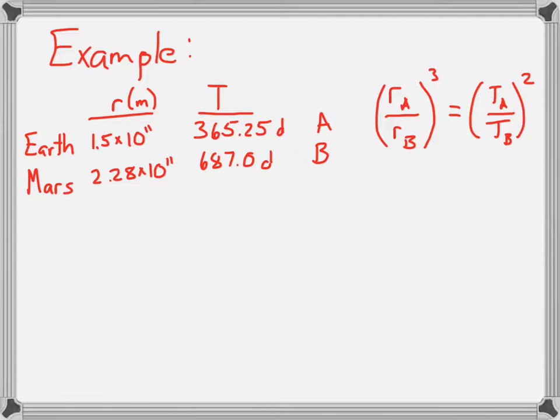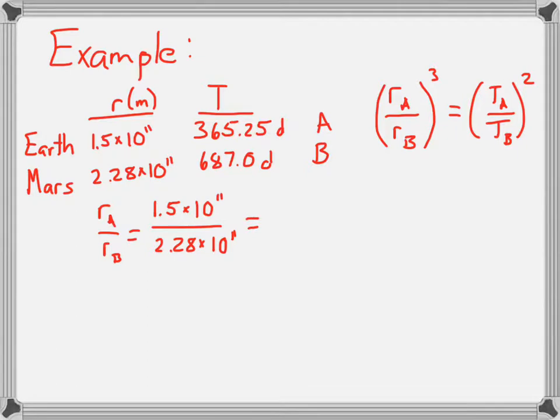Well, let's use that formula and plug in some values. So let's take RA divided by RB. The ratio of the radii is 1.5 times 10 to the 11 divided by 2.28 times 10 to the 11.